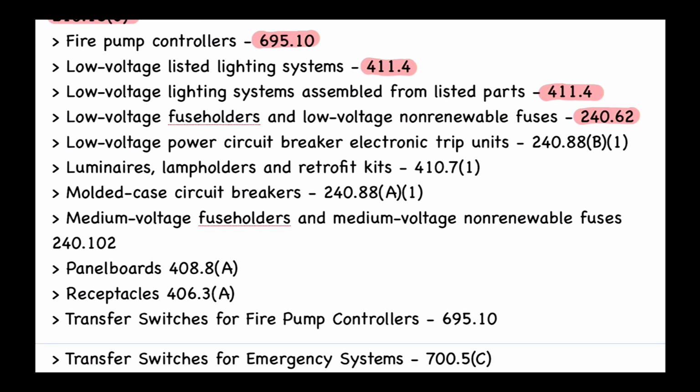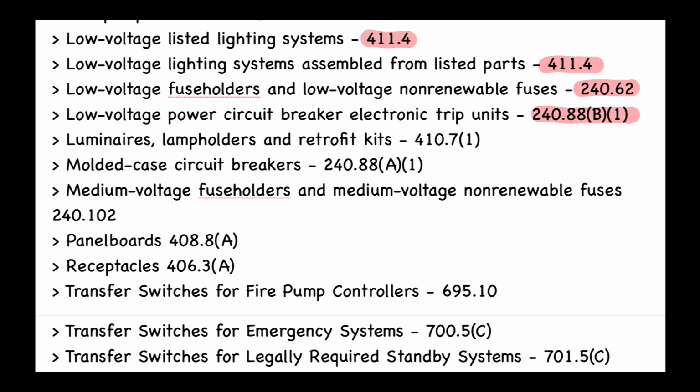Low voltage power circuit breaker electronic trip units, 240.88(B)(1). Next, luminaires, lamp holders, and retrofit kits, and that's 410.71. I'm going to read that one again and highlight the whole thing.